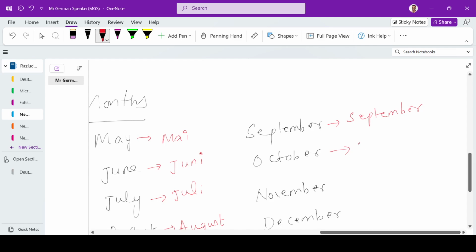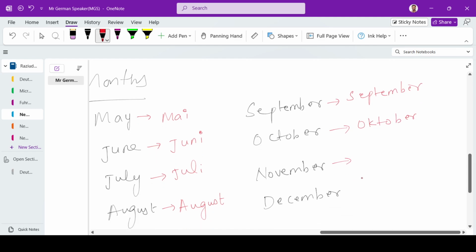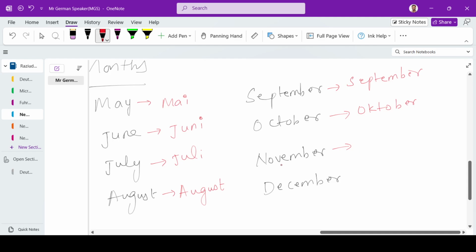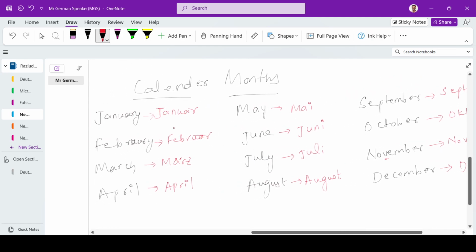October is also Oktober, but we replace C with K. November is November. We have to pronounce it with a V sound. And December is Dezember. So it is just replaced by Z. C is replaced by Z. Okay, let's read them.